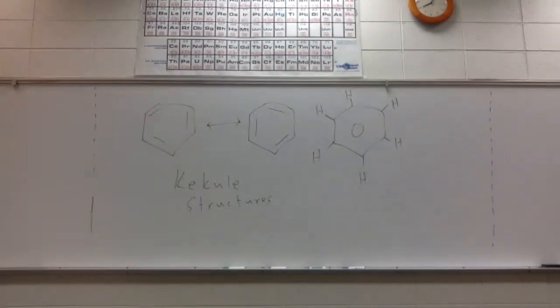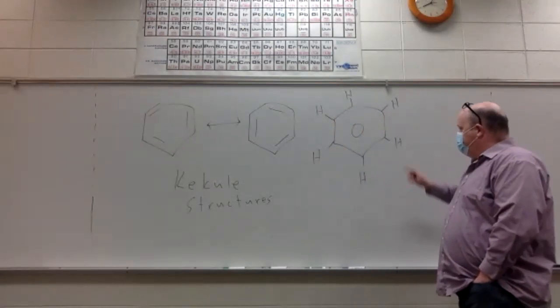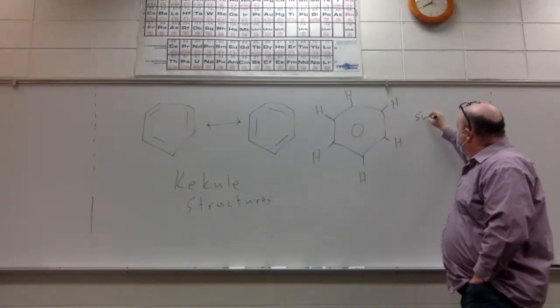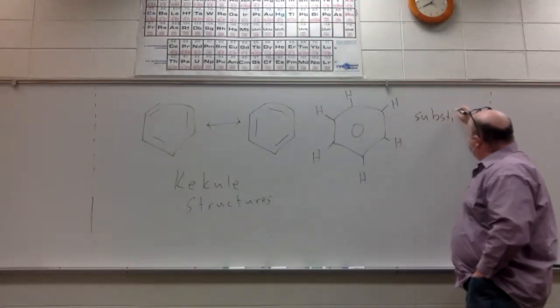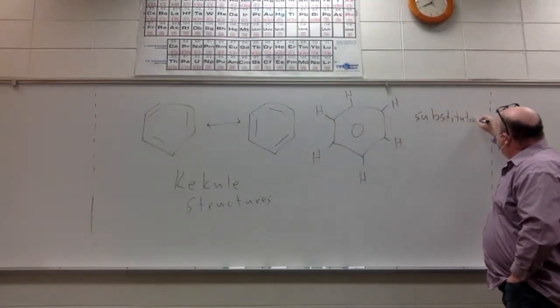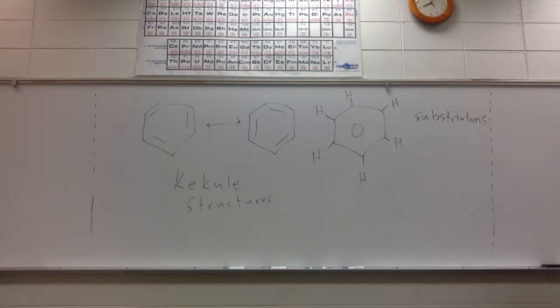We already said they don't get involved in addition reactions, right? You don't add to the double bond. However, one thing that you can do is you can do substitutions. Specifically, you can substitute a substituent in place of one of the H's, right?